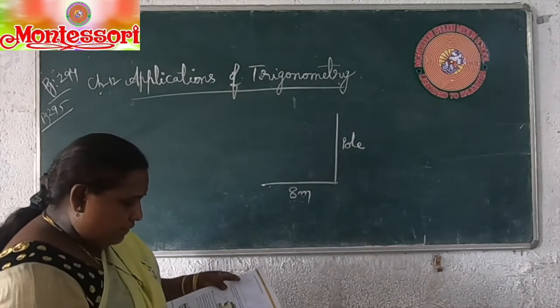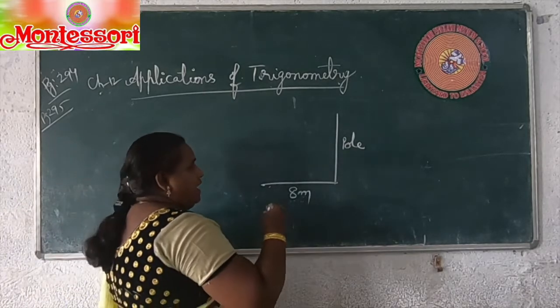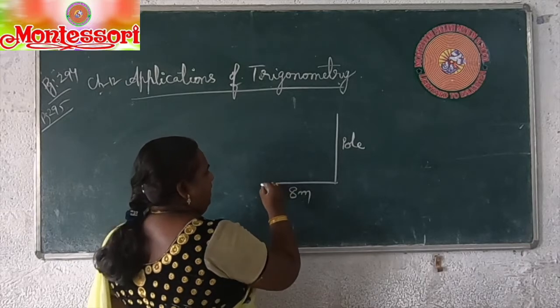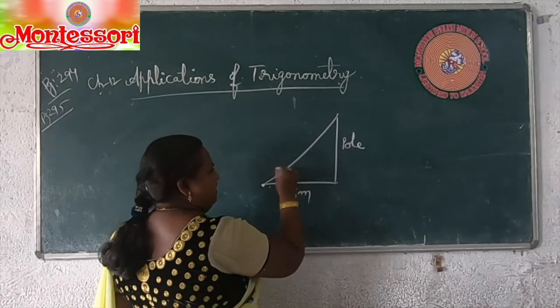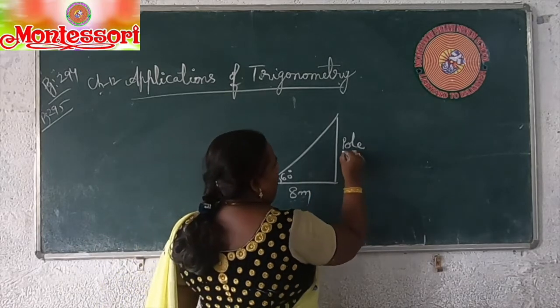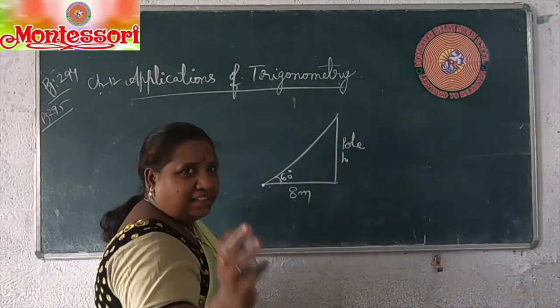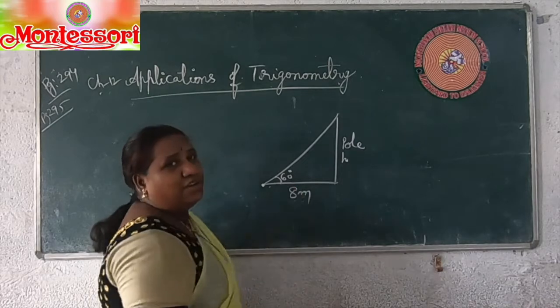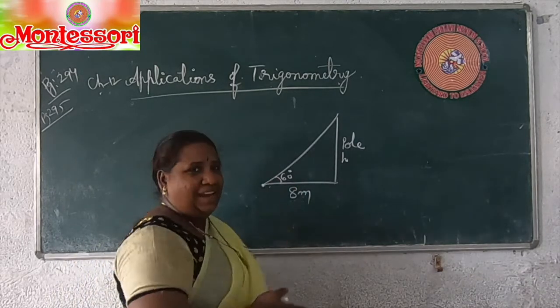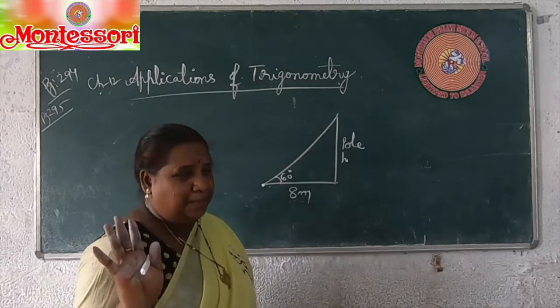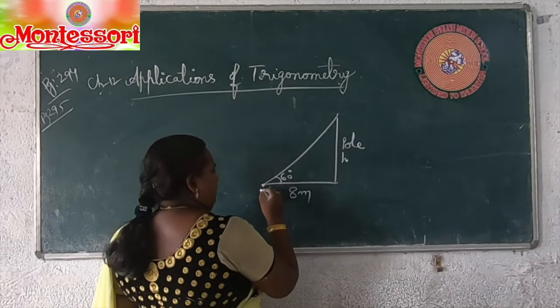Then the angle of elevation is given. Elevation means the boy is observing the top of the pole, so it is elevation 60 degrees. Now find the height of the pole, h. This is the way to draw the diagram. Whether it is a tower or tree, you draw a line only. So the diagram is very important.